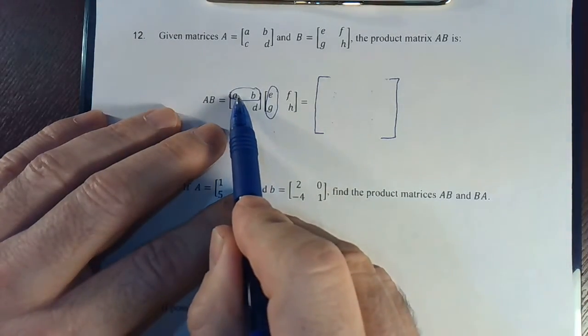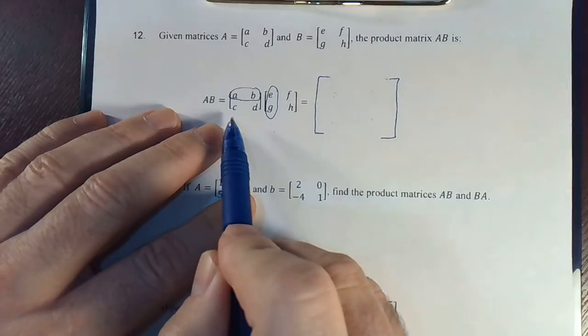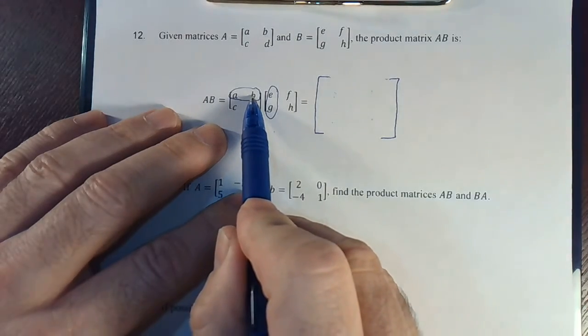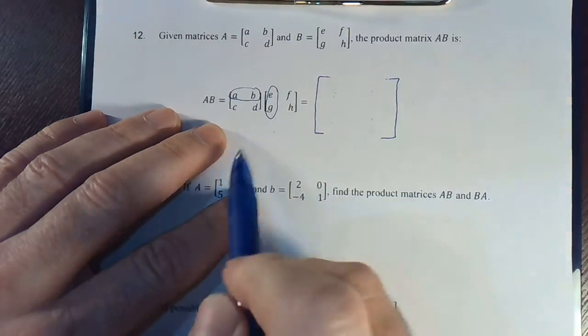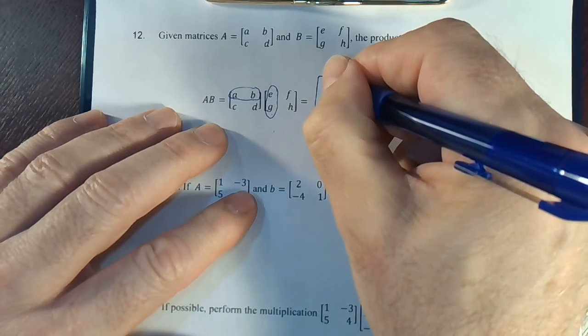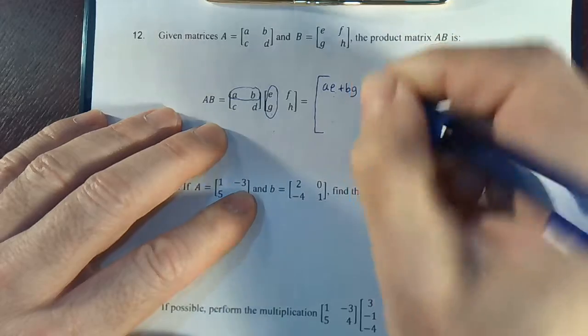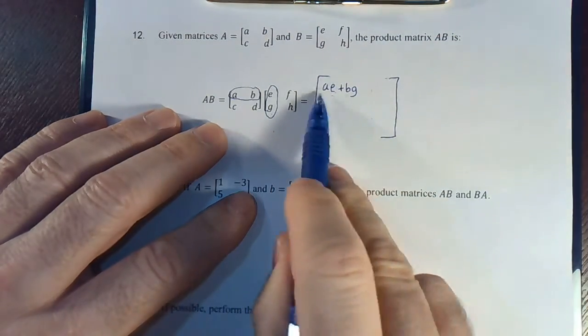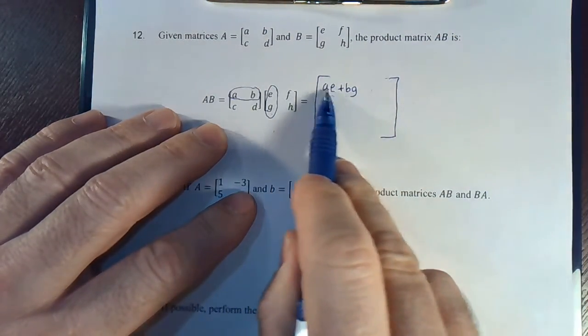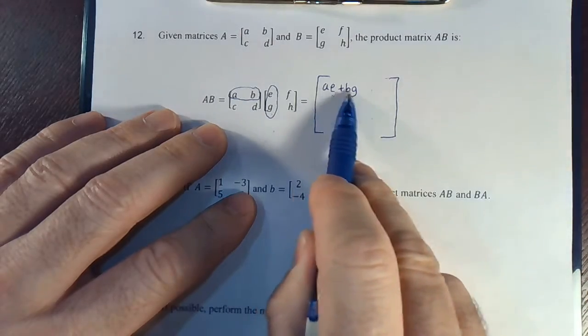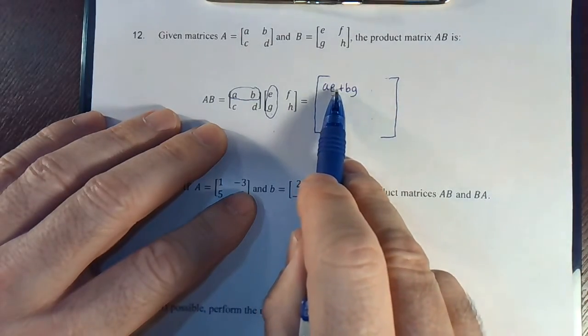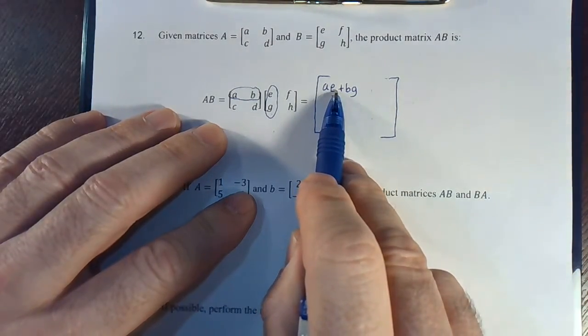We multiply the first 2 to get AE. We multiply the second 2 to get BG, and we add them together: AE plus BG. Whatever we get from simplifying this expression is the row 1, column 1 element.